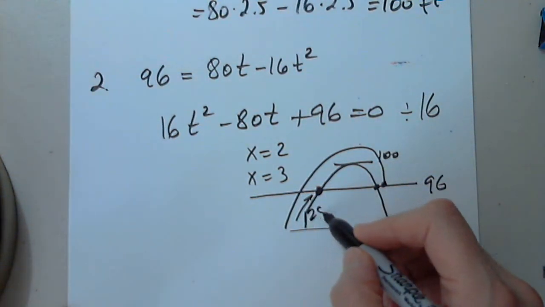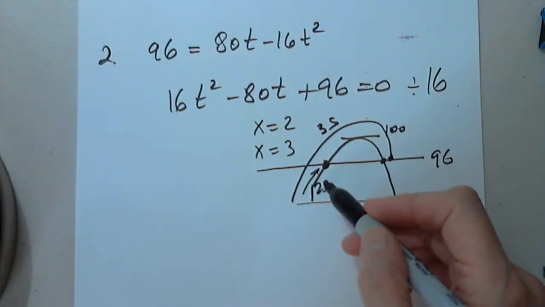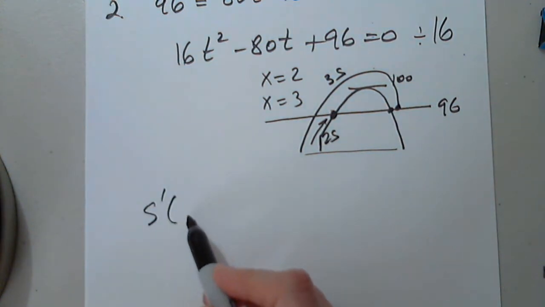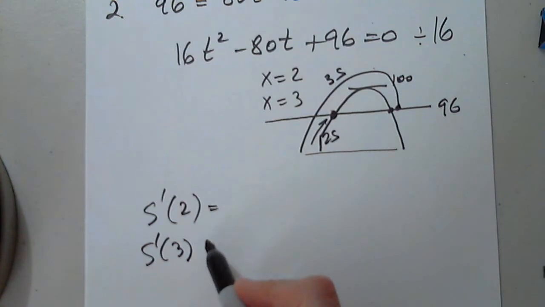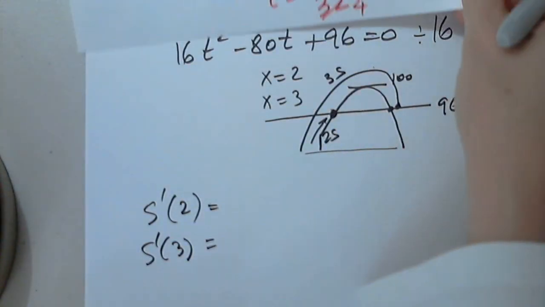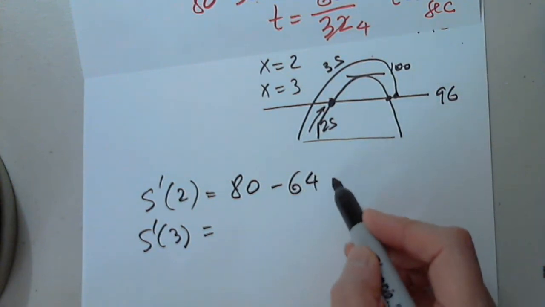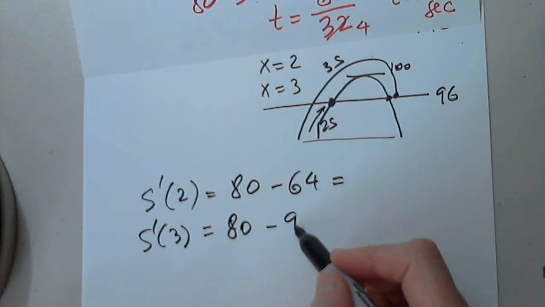Okay, so all I need to determine is the velocity. So s prime of 2 and s prime of 3. So we have 80 minus 32 times 2, so 80 minus 64, and 80 minus 32 times 3, 96.